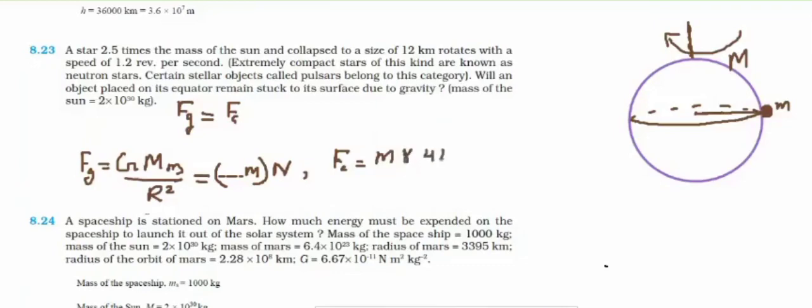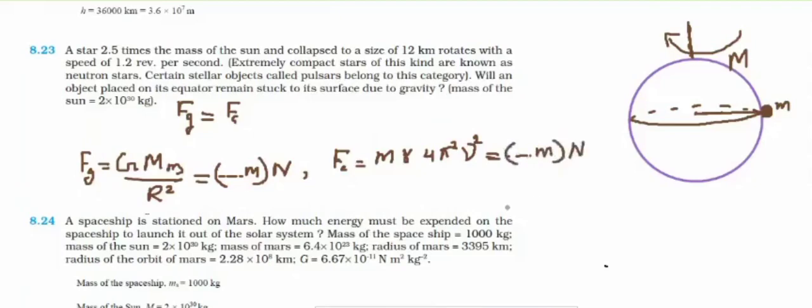Omega is again 4 pi square nu square, where nu is the given frequency, 1.2 revolutions per second. So now substitute the values and find the value of centripetal force. Here also you will get the answer in terms of m, because small m is not given in the question.